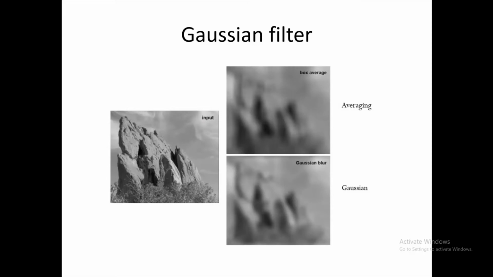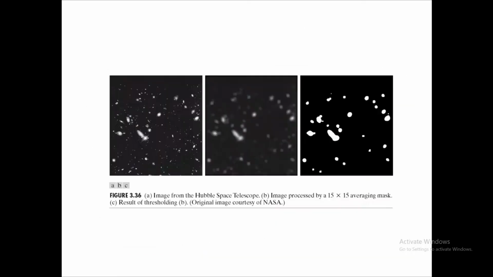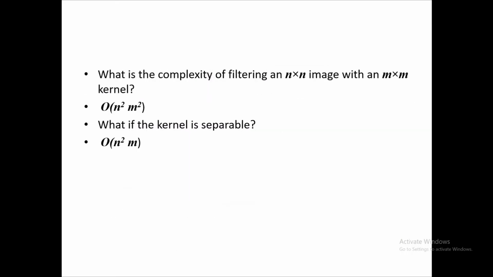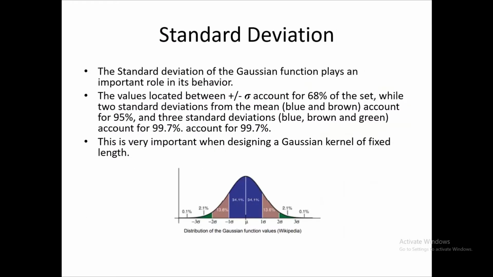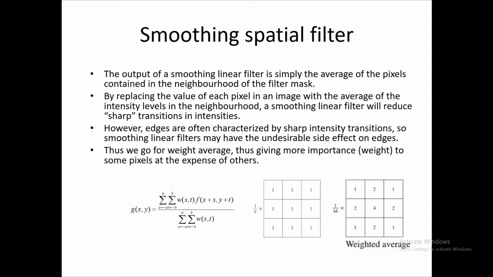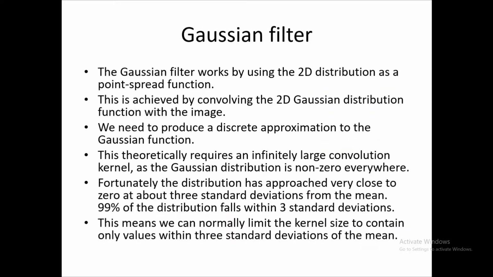It is all because of the nature that the center pixel is given more priority or importance than the other pixels, or we can say it is the net effect of the weighted average.